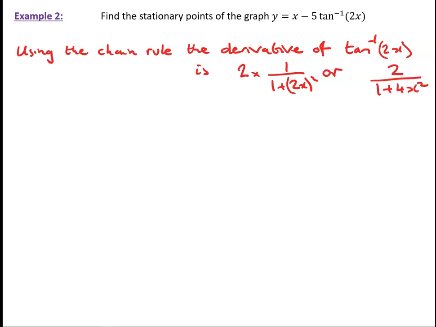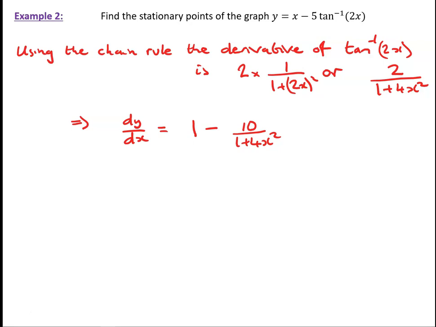In other words, 2 over 1 plus 4x squared. So we can now write down the gradient of our curve. So we've got dy by dx is 1 minus 10 over 1 plus 4x squared.